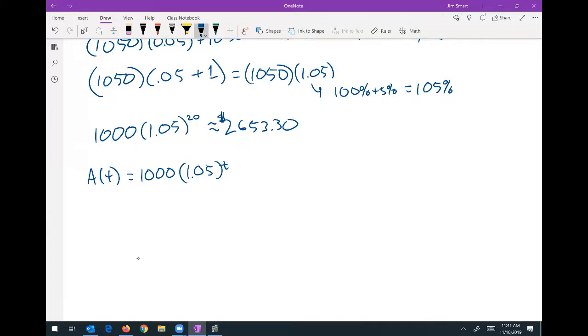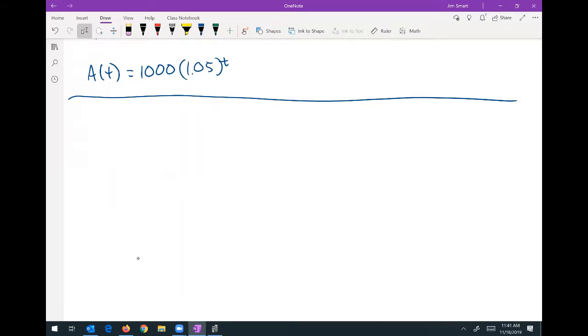Okay, so let's do a reverse one where we decrease by a certain percentage. So let's say a car depreciates, which means loses value, by let's say 12% per year.